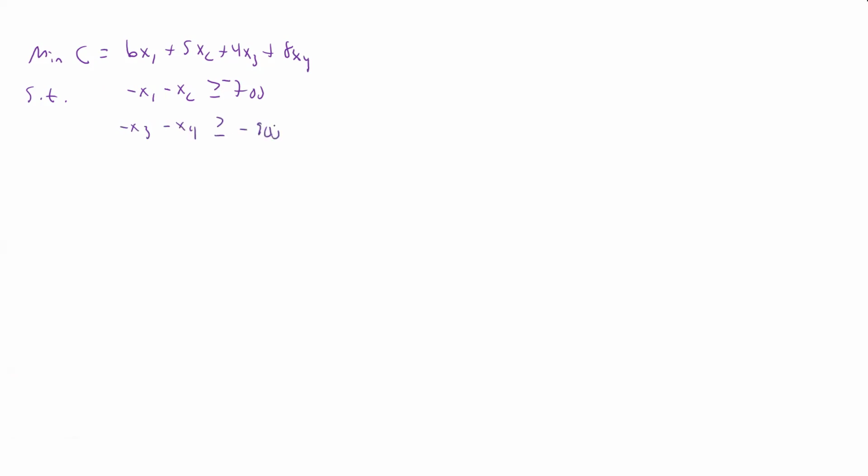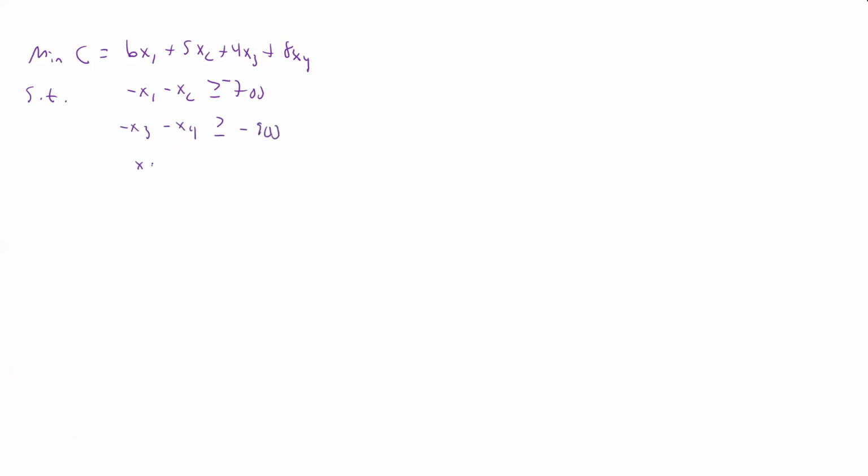Once we multiply, our new problem says minimize C equal to 6x1 plus 5x2 plus 4x3 plus 8x4, subject to: negative x1 minus x2 greater than or equal to negative 700, and negative x3 minus x4 greater than or equal to negative 900.